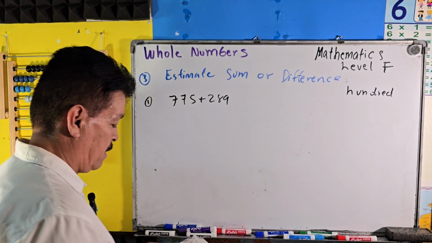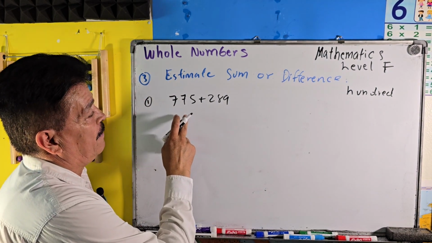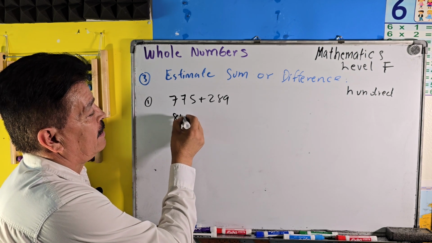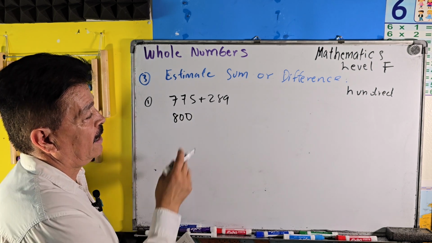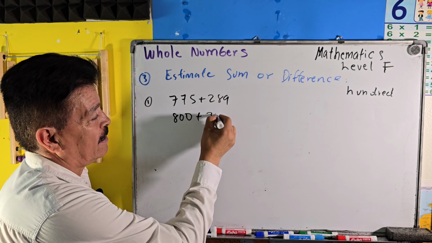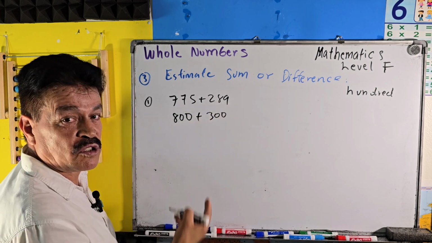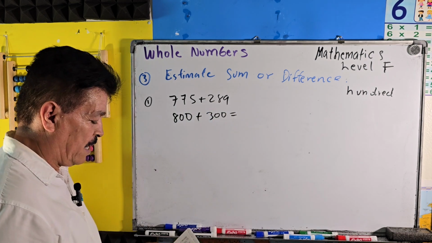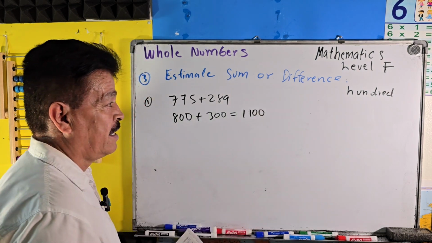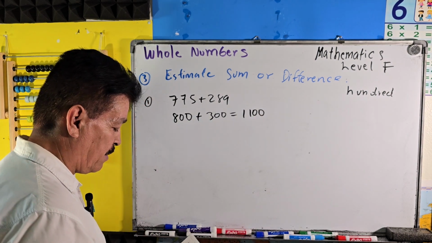Use the 100. Here we have to write 800. So by using 100, here is close to 800, plus here is almost 300. It's estimated. So the answer here is 1,100, right? Estimated, not exact.